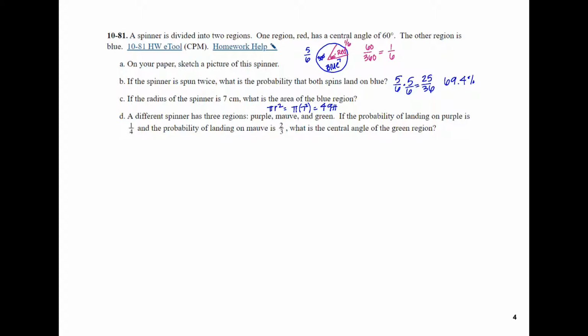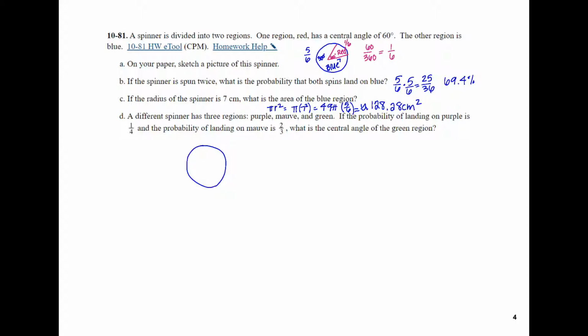And then we only want 5/6 of the circle, so if we multiply that by 5/6, that gives us approximately 128.28 centimeters squared. A different spinner has three regions: purple, mauve, and green.